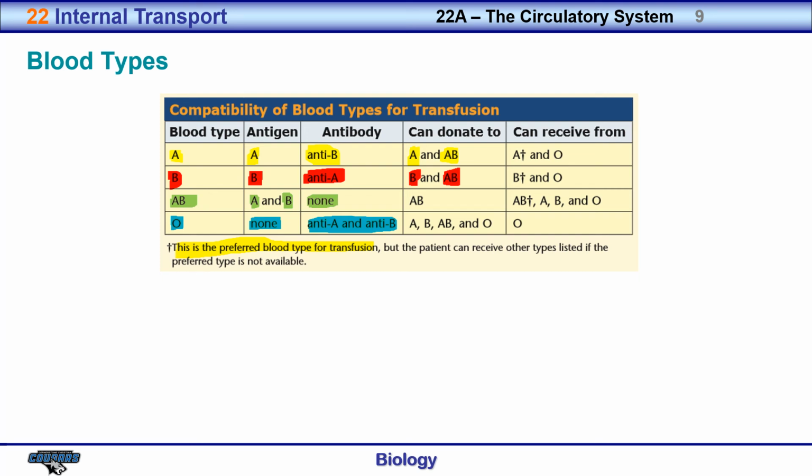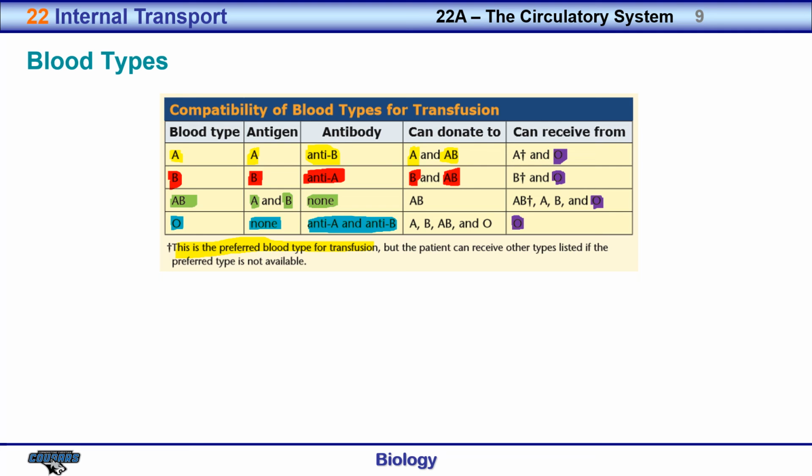If you'll notice over here, I'll pick up a different color, maybe purple. Notice that there's blood type O. That kind of makes it dark, doesn't it? O, O, O. So type O blood is a universal donor.